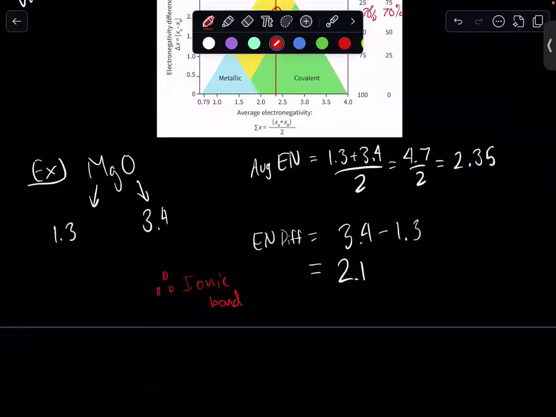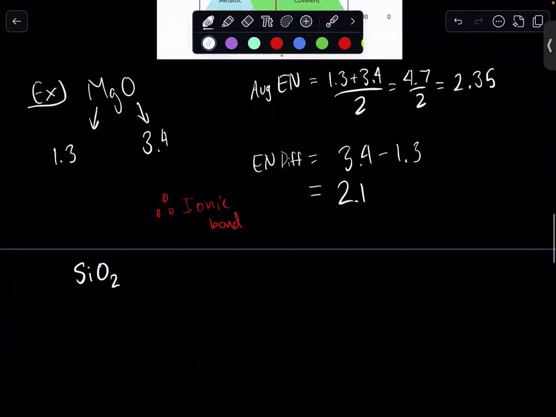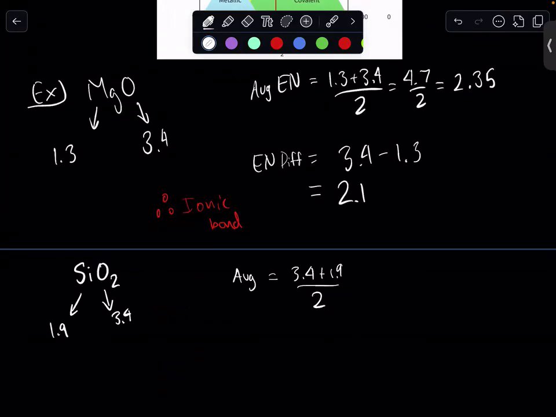Now, when we look at other compounds found in the Earth, like other oxides, like maybe silicon oxide, or silicon dioxide, apologies, we can do the same thing. This is still 3.4, and this is 1.9. And our average will once again just be 3.4 plus 1.9 over 2 and give us about 2.65.